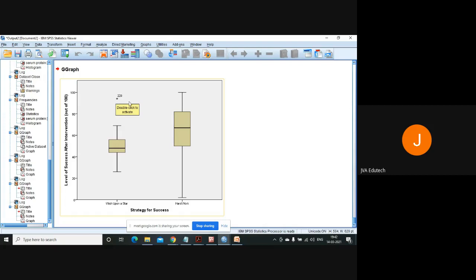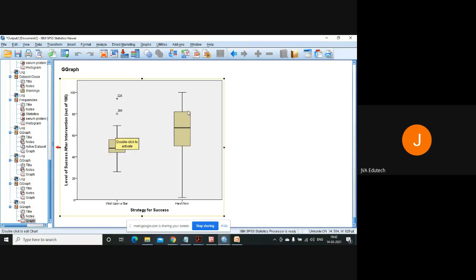It is an extreme value, and it could be said that it could be an outlier. This area, this one at the top, shows the top 25% of scores. Because at the center is the median, this is the lower quartile, the center is the median value, and this is the upper quartile.